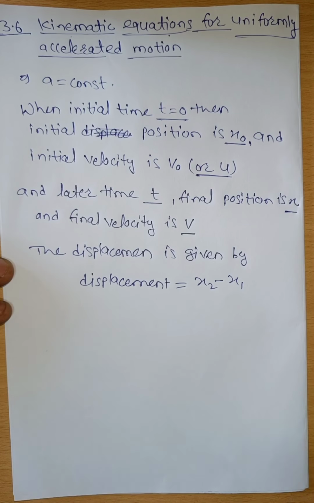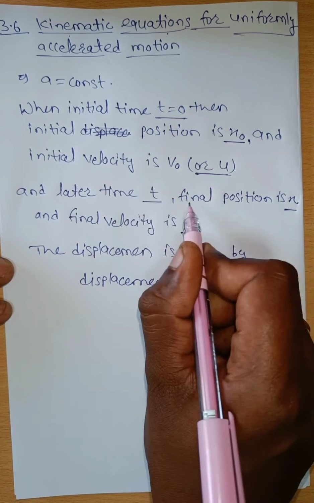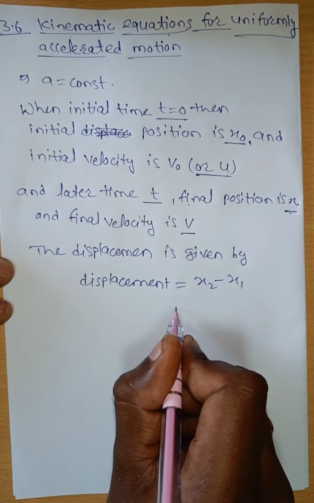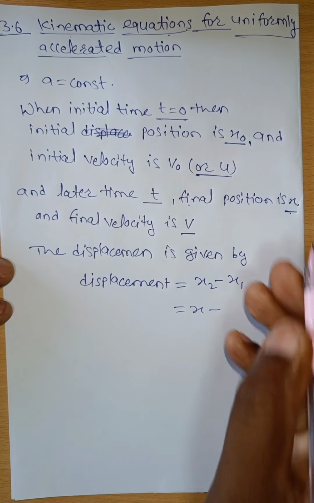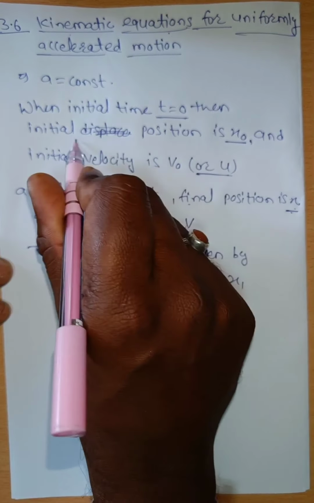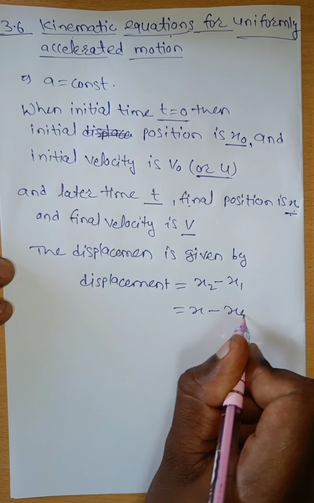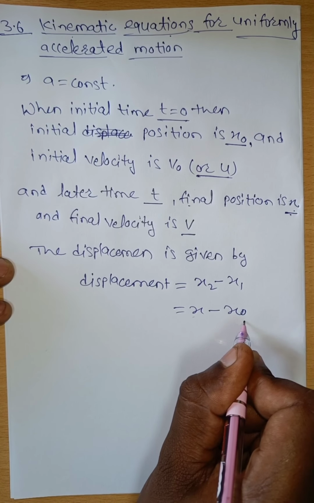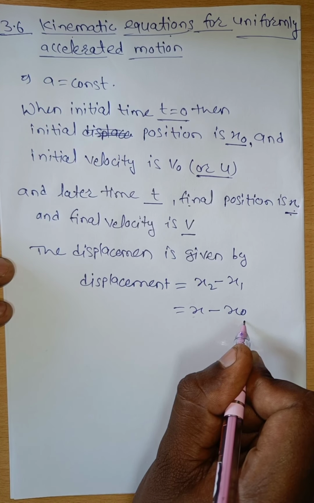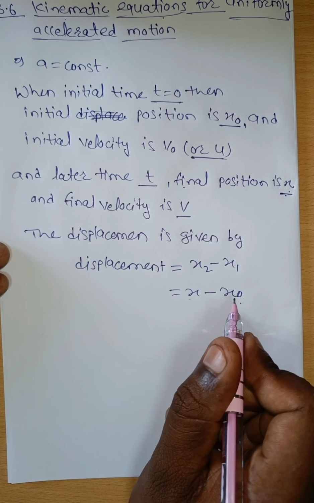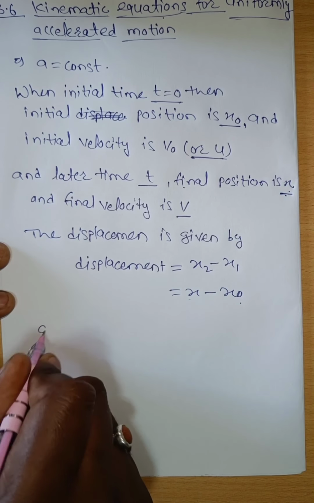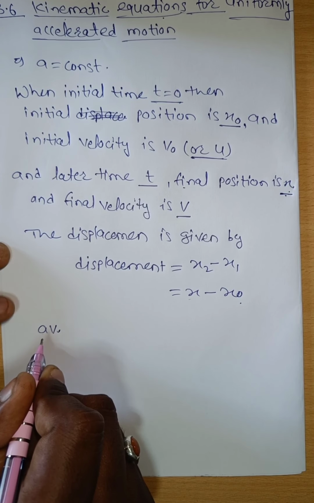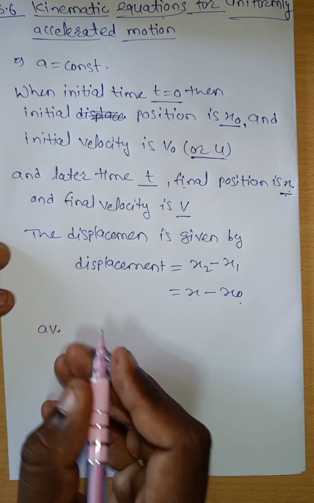What is the final position? x. Minus what is the initial position? The initial position is x naught. Therefore displacement is x minus x naught.